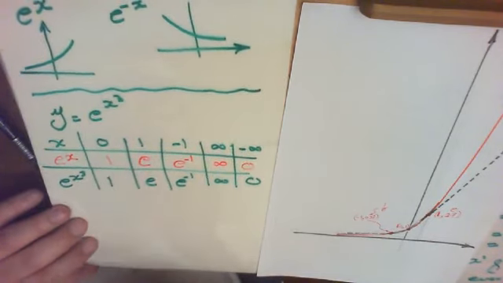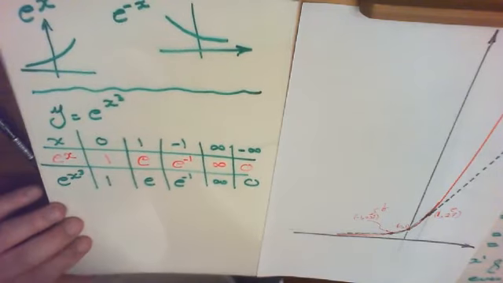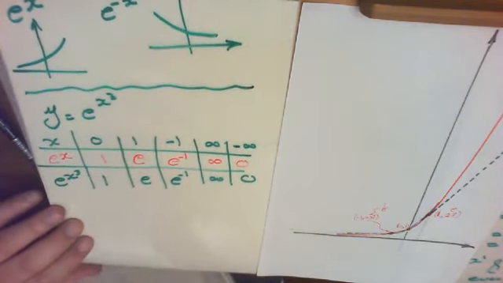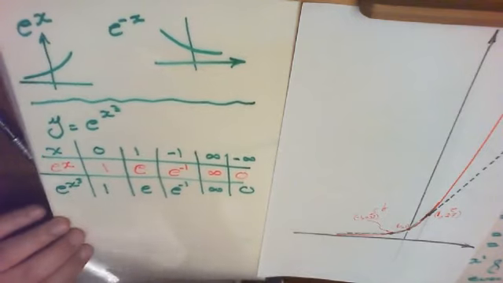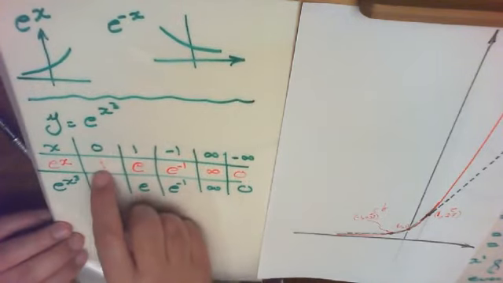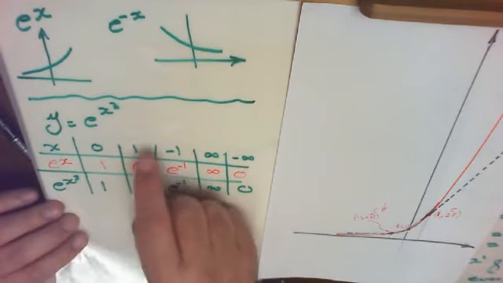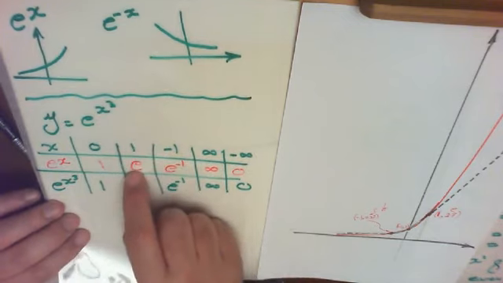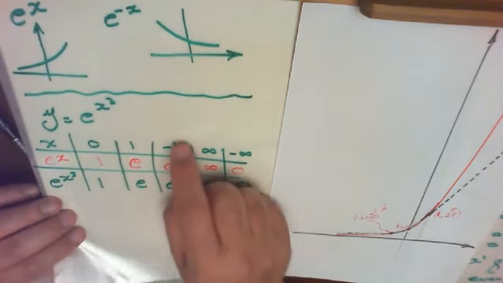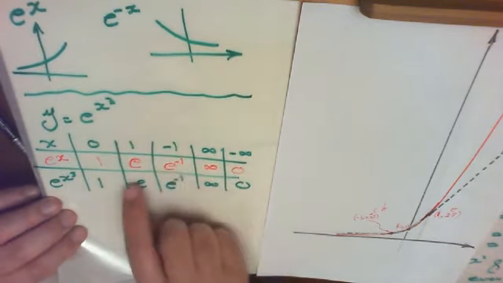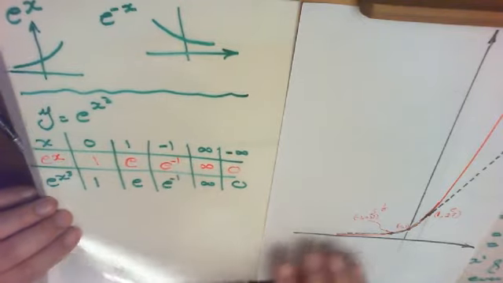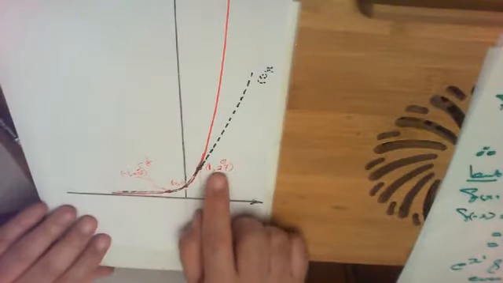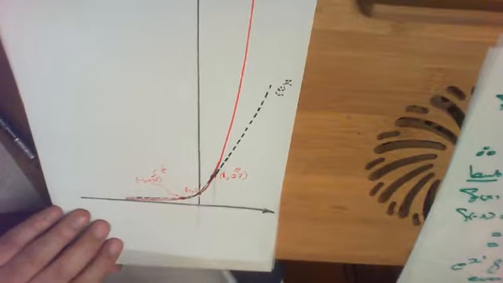Same values of x and y means that they intersect at these points. They intersect at x equals 0 and y equals 1. They intersect at x equals 1 and y equals e. They intersect at x equals minus 1 and y equals e to minus 1. These are the 3 points where they intersect, as you see.